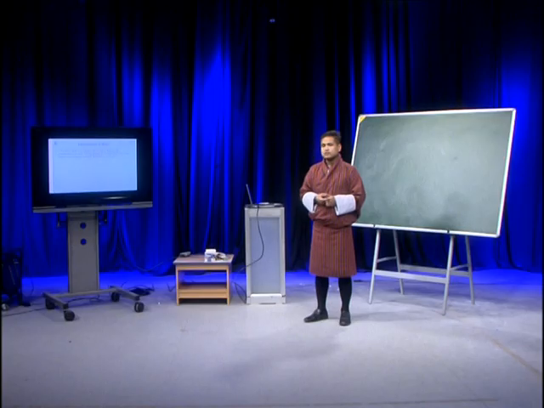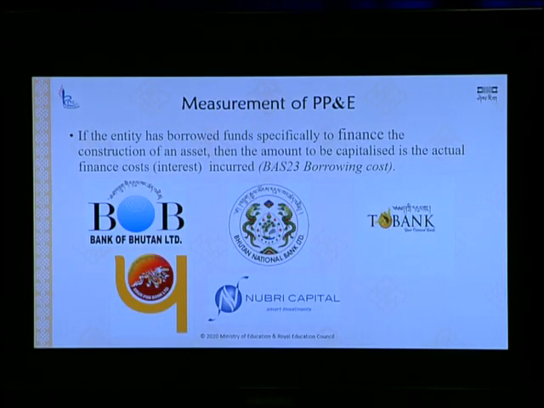In Bhutan accounting standard, that part of interest will be called borrowing cost. Now, these are some of the sources from where a company will borrow funds for the construction or acquisition of property, plant and equipment. Let us see one example of borrowing cost.